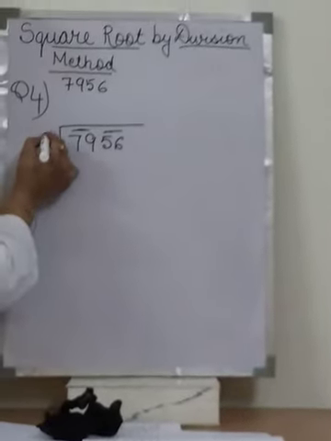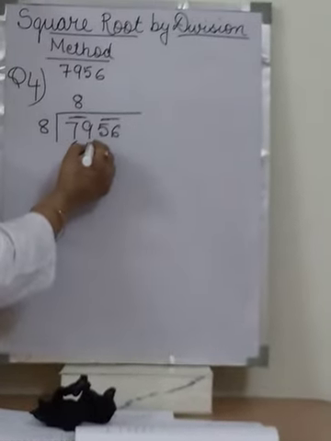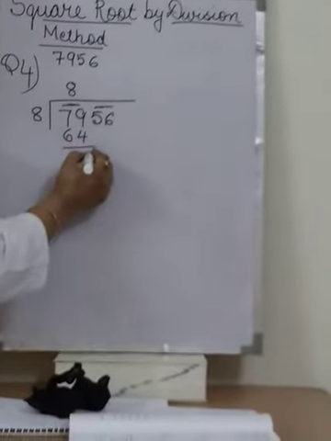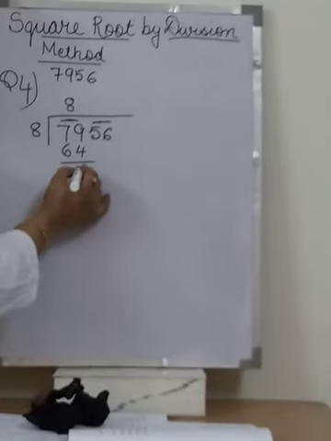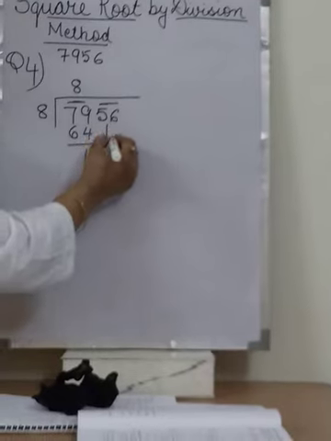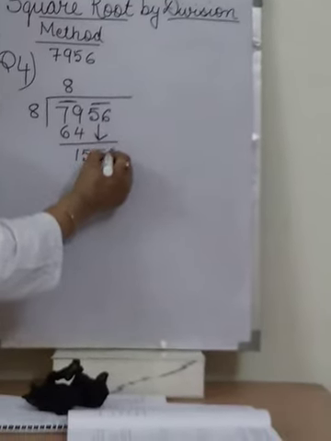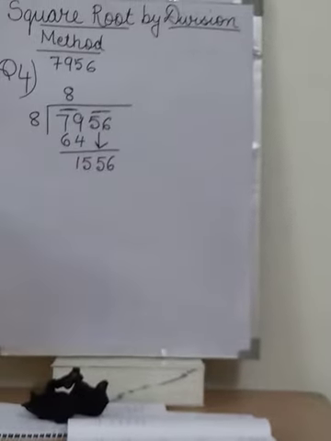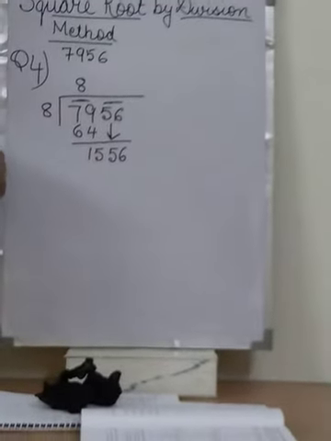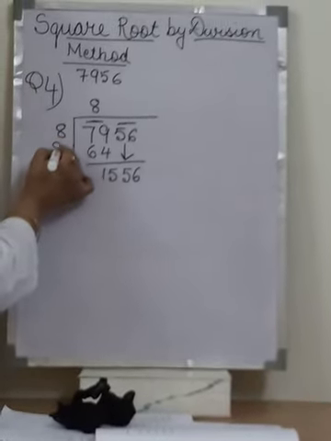So the nearest is 8. 8 8s are 64. What you got? 15. So for the new dividend, you will copy 56 as it is. Sorry, the new dividend is 1556. For a new divisor, you will add this 8 here.